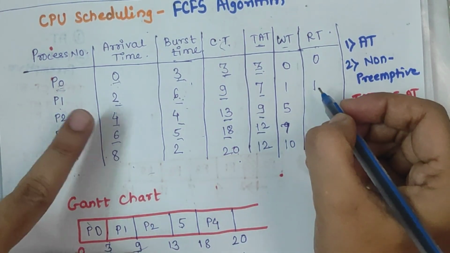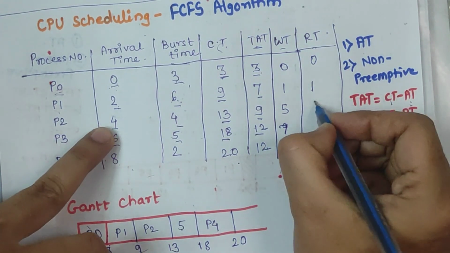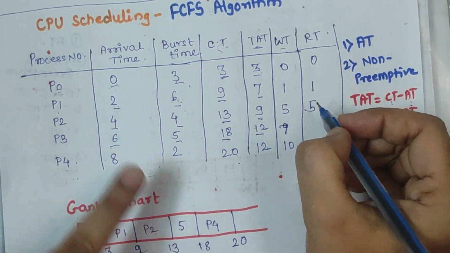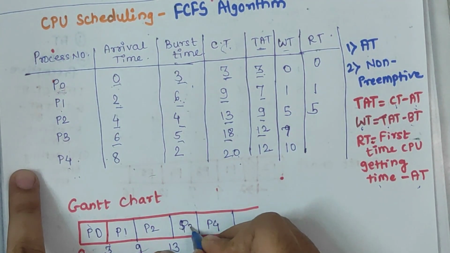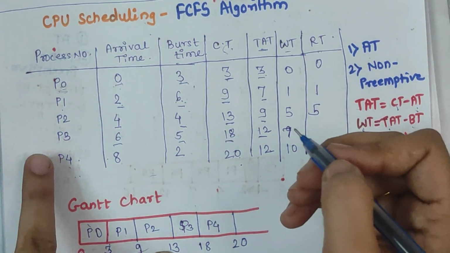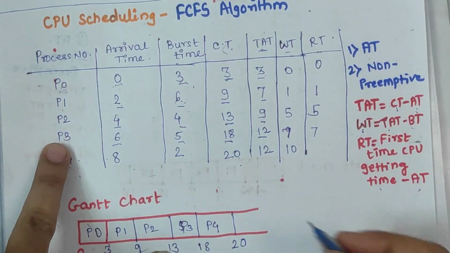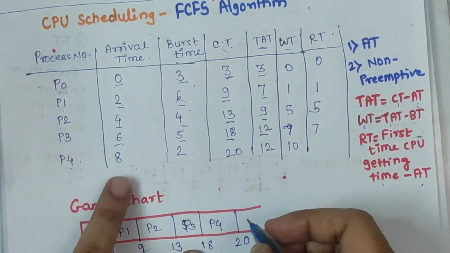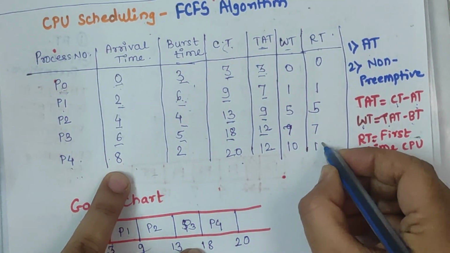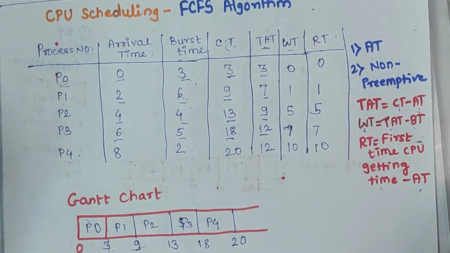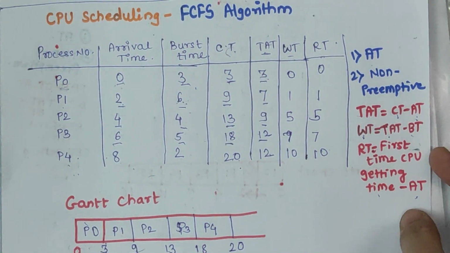For process P2, 9 minus 4, that is 5. For process P3, 13 minus 6 that is 7, and for P4 18 minus 8 that is 10. So this is how we are getting the response time.